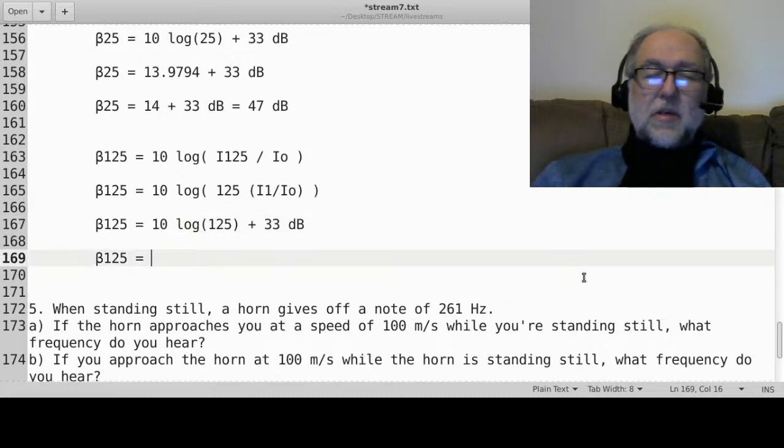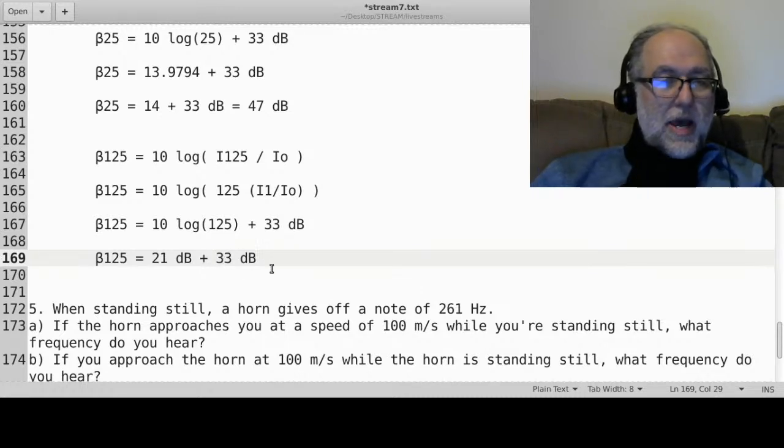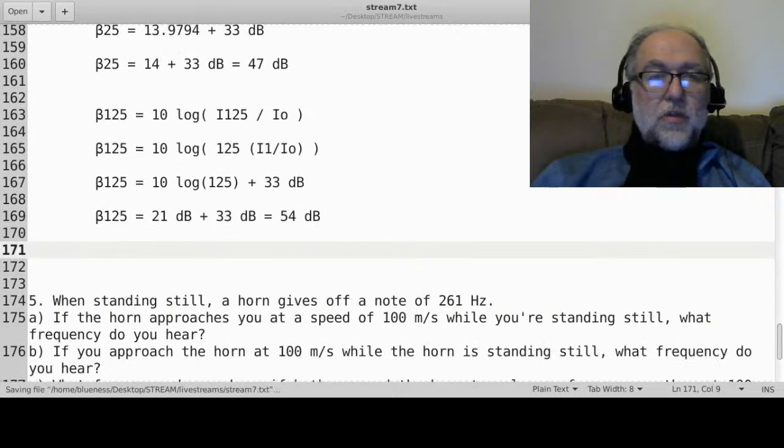And you know what? Without even using my calculator, I know that that number is 21. Okay, plus the 33 decibels. Okay, you go, how in the world did I know that that was 21? Well, you're going to see a pattern in just 1 second. Okay, and so let me finish. This is going to be 54 decibels, like that. All right, so there you go.